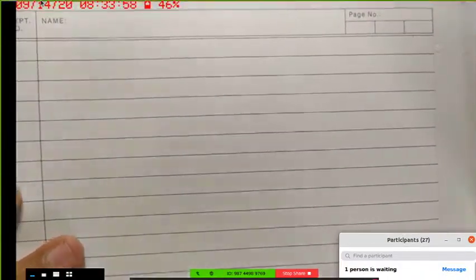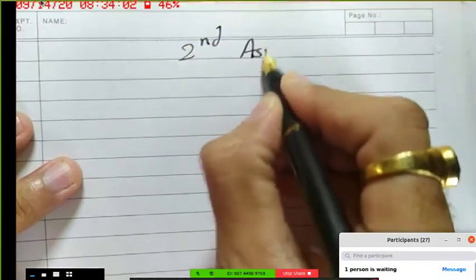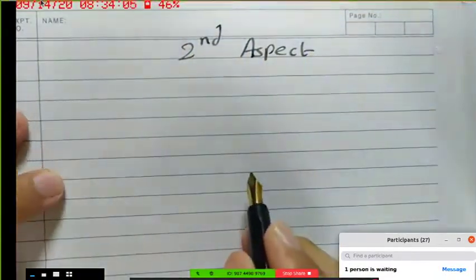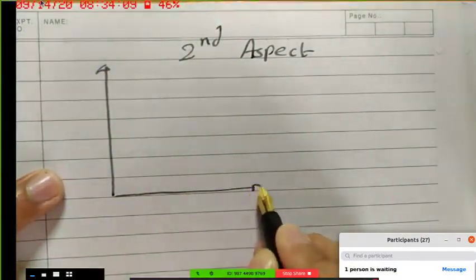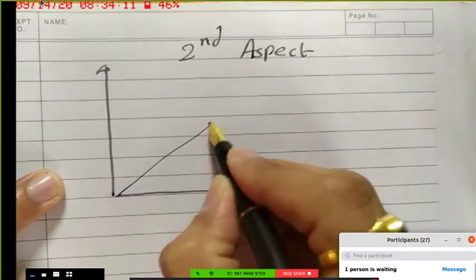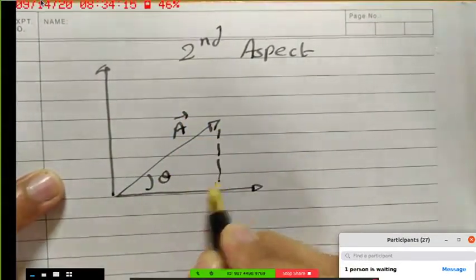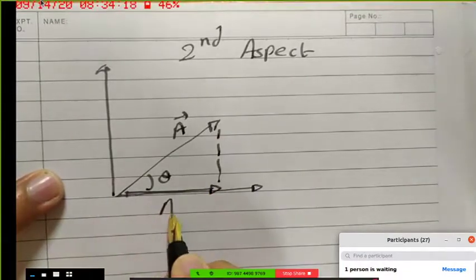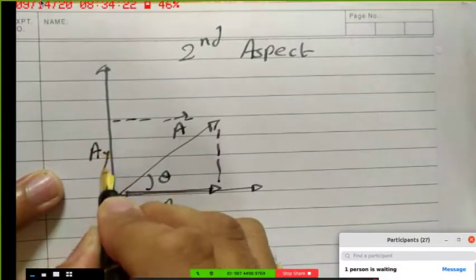Now, a second aspect of what we studied. Same diagram. This is vector A at angle theta. This gives me AX, I'm writing only magnitude, and this gives me AY.